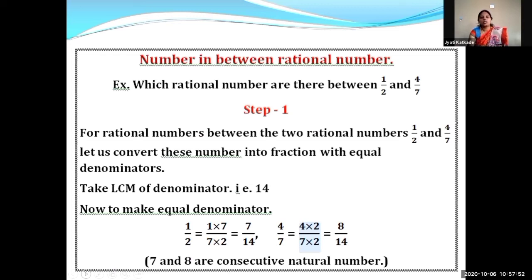Now to make equal denominator, multiply 1/2 by 7. That is 7 1s are 7, 7 2s are 14. Then multiply 4/7 by 2, we get 4 2s are 8 and 7 2s are 14.